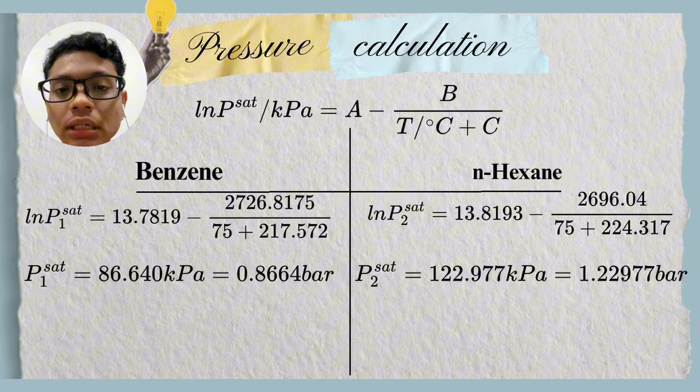After that, we substitute the values of A, B, and C and also the temperature that we chose, which is 75 degrees Celsius, into the equation. Then we can get the value of pressure in kilopascal. For example, the saturated pressure for n-Hexane is 122.977 kilopascal. To get the value in bar, we just divide by 100.